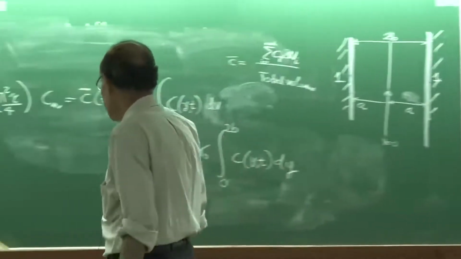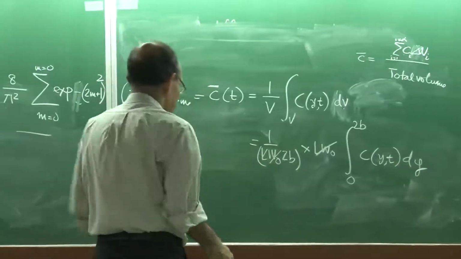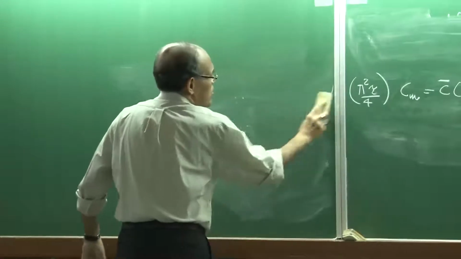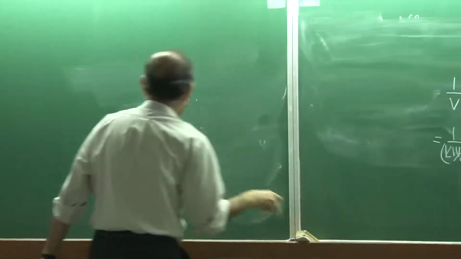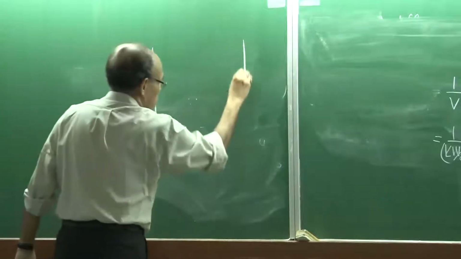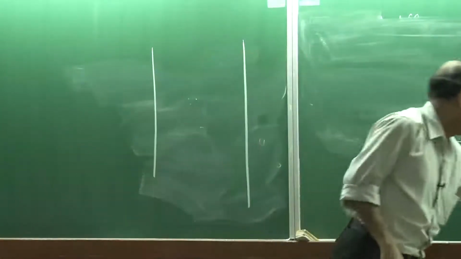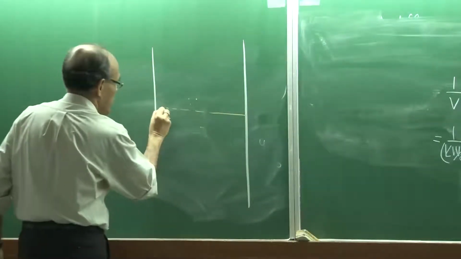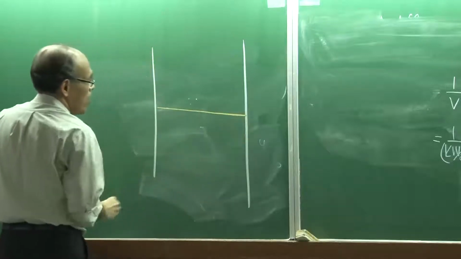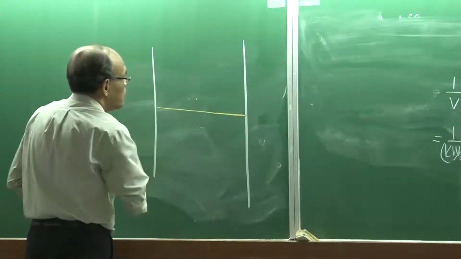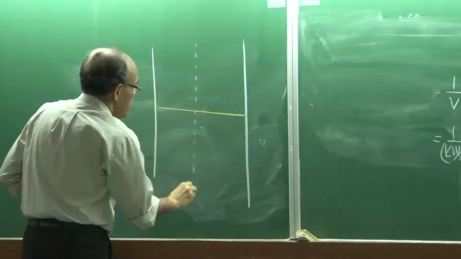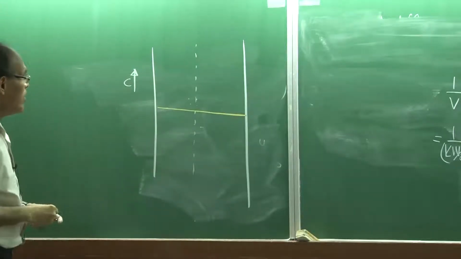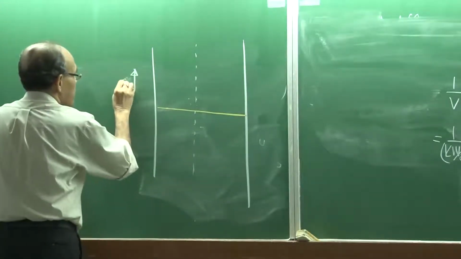For example, as I said, if you plot theta versus distance, this is our slab, this is the distance, and this is the concentration axis, which I call the theta axis.